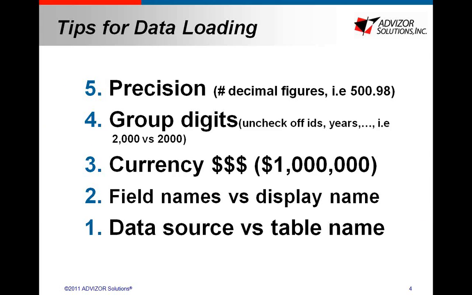The next option is group digits. So we want to be careful with this because this relates to how the numbers are displayed. When digits are grouped, it will show a comma to separate the numbers.